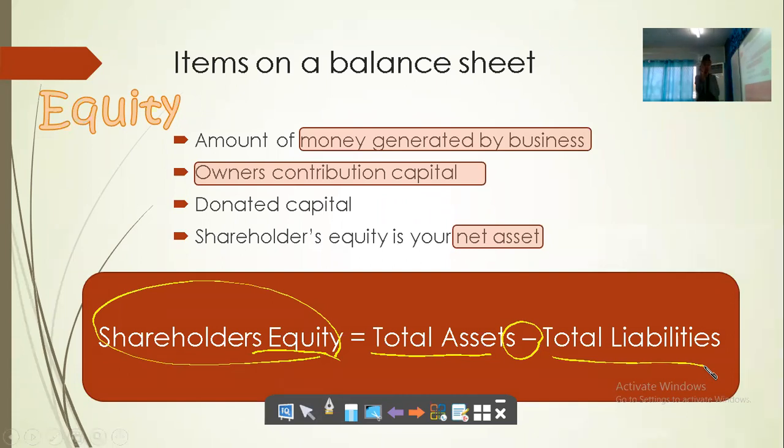So, a trick question. If I were to ask you, from the balance sheet, where would you see the net worth of a business? Any ideas?